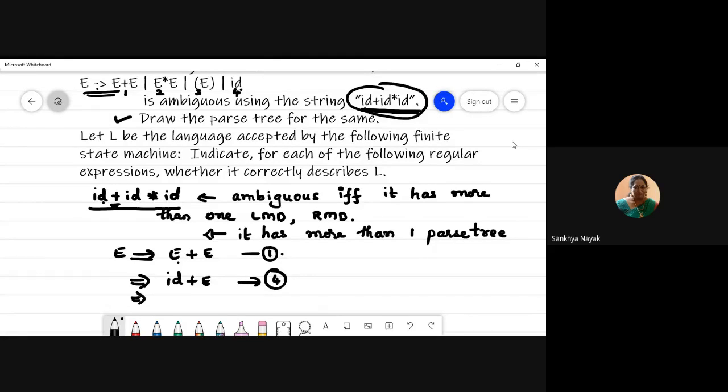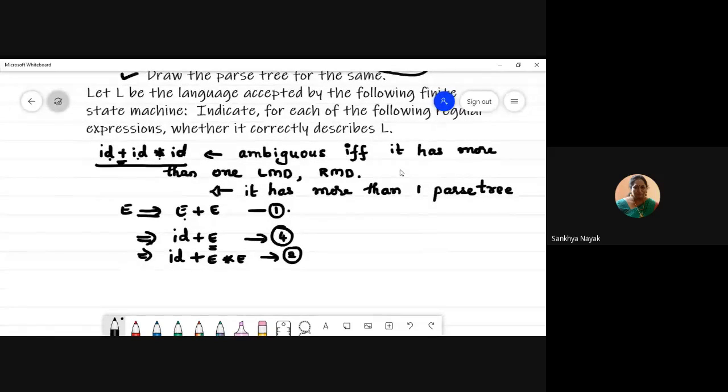Now after this, I want ID star ID. So this will be ID plus this E will be expanded as E star E. This is using 2, correct? Now after this one has to be converted into ID. So ID plus ID star ID, right?